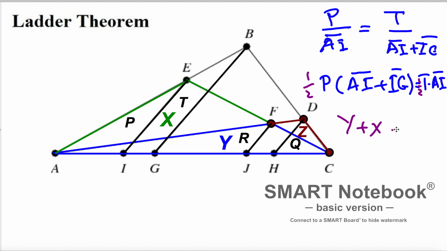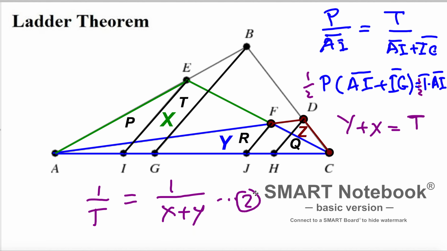But the total in T is the total area ABC, so let me write T to represent the total triangle. Now if we take the reciprocal in this equation, it is going to be 1 over T equal to 1 over x plus y. Let's say this is equation 2.